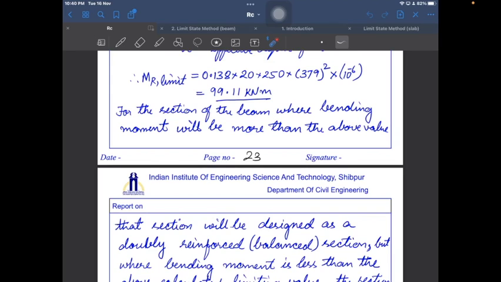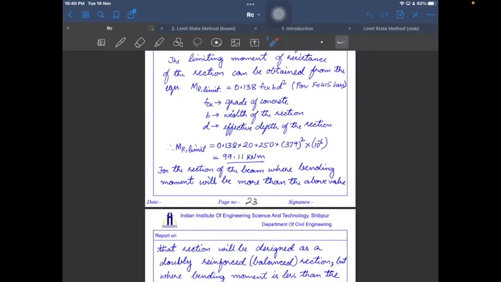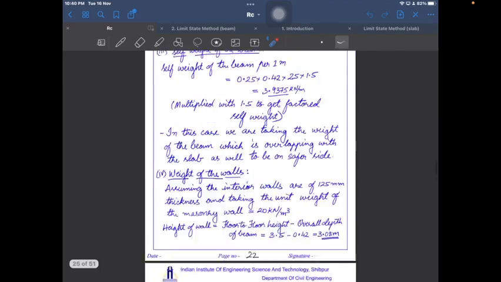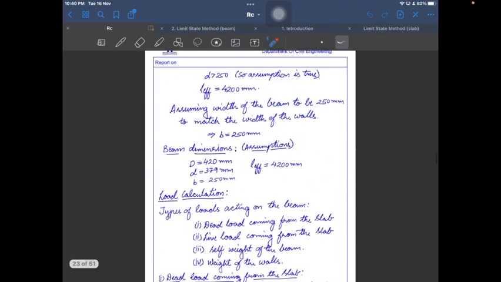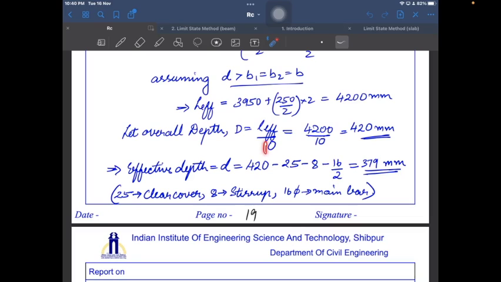So if you have got doubly reinforced, then I'm not explaining that. To avoid that, initially for me also, instead of L effective by 10, I have taken L effective by 12.